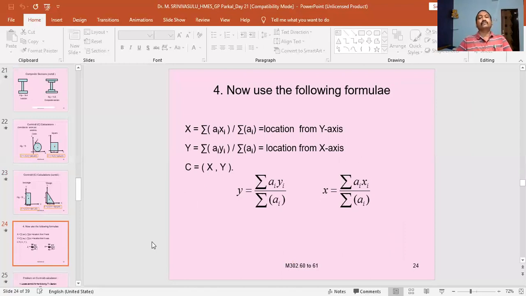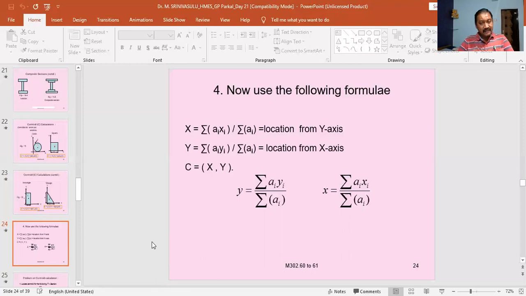Now the formulas to find out the centroid for composite figures. Here the x coordinate is equal to the algebraic sum of the areas multiplied by the x coordinate, divided by the total area.